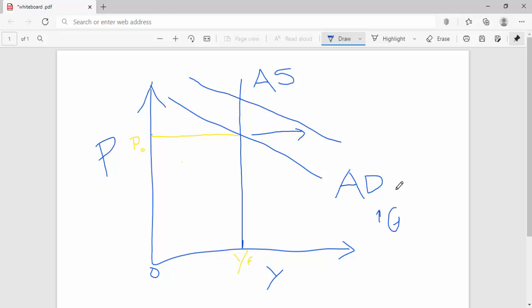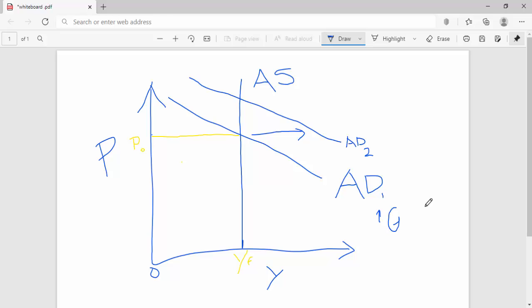So instead of having AD1 here, you have AD2.